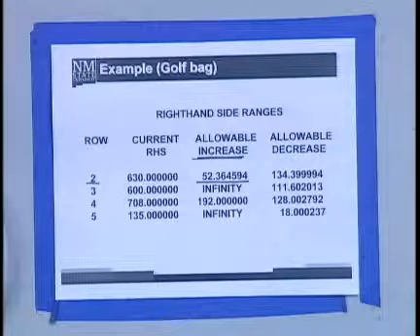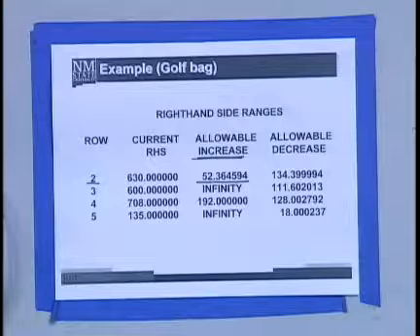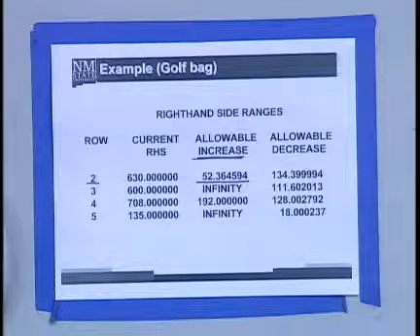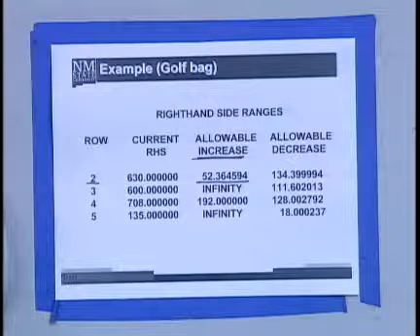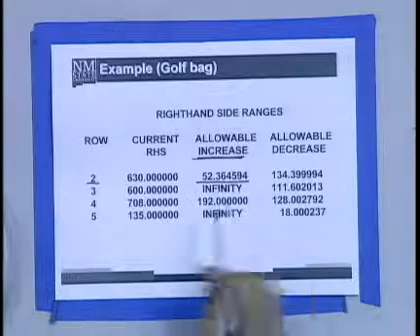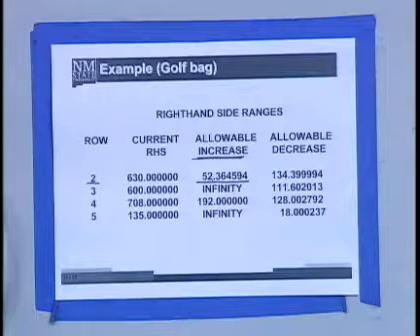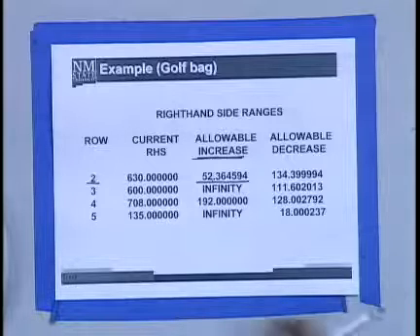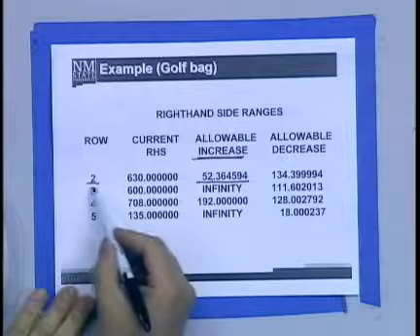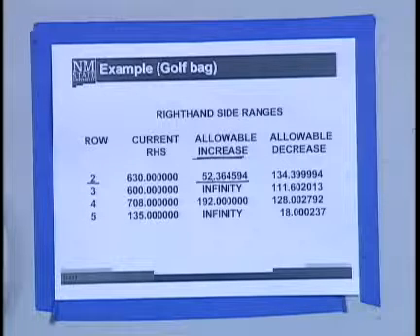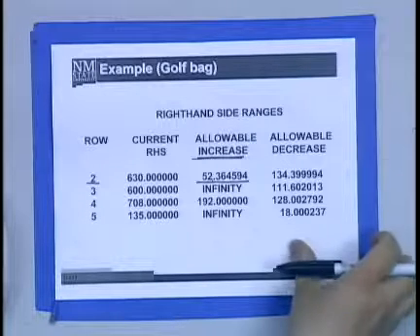Yes, it is, right? So increasing 10 hours of cut and die department is still within the allowable increase limit of 52 hours. Okay? So the current dual price for row number 2 is still valid.